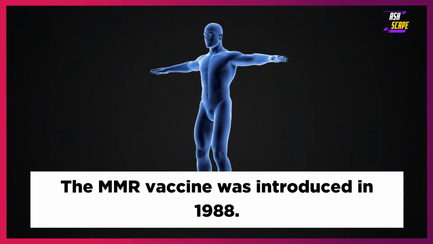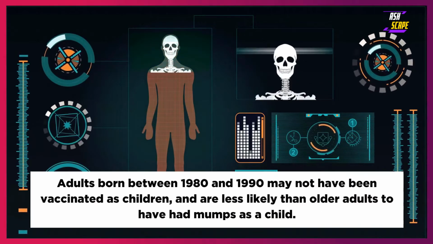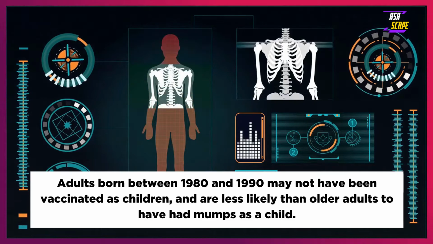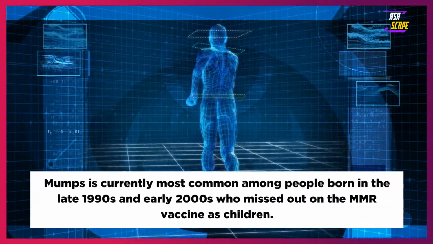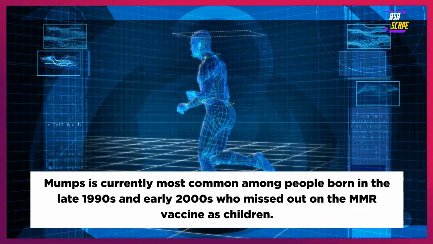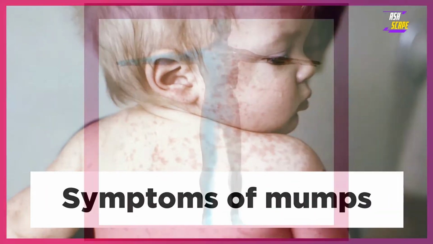The MMR vaccine was introduced in 1988. Adults born between 1980 and 1990 may not have been vaccinated as children, and are less likely than older adults to have had mumps as a child. Mumps is currently most common among people born in the late 1990s and early 2000s who missed out on the MMR vaccine as children.